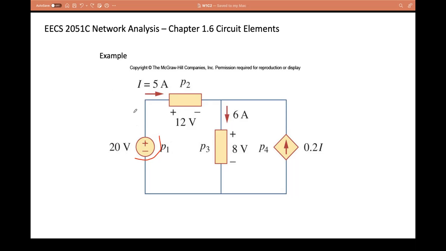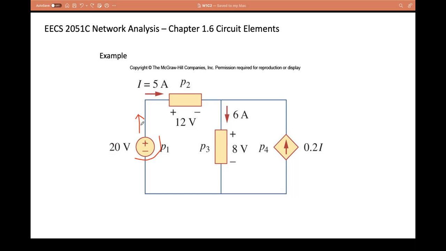We see there's a current going out from the positive sign. The current going this way, out from the positive sign, lets us know this element here is supplying power out. Since it is supplying power, the power will be negative.